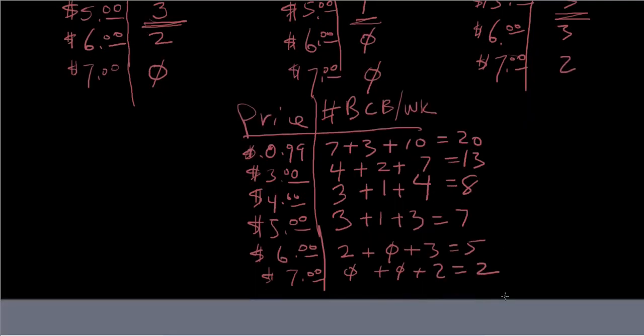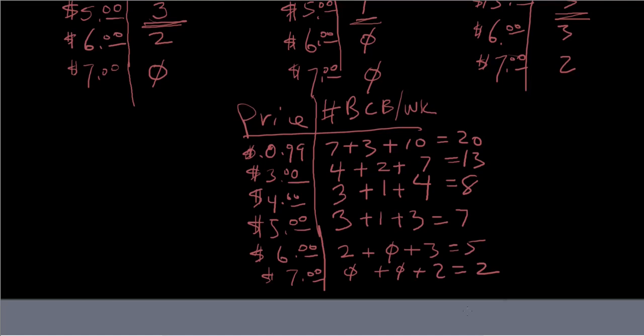So this is the total demand. Let me write it down before I move on to the next screen. So 99 cents and 20 units, $3, 13, $4, 8, $5, 7, $6, 5, $7, 2.